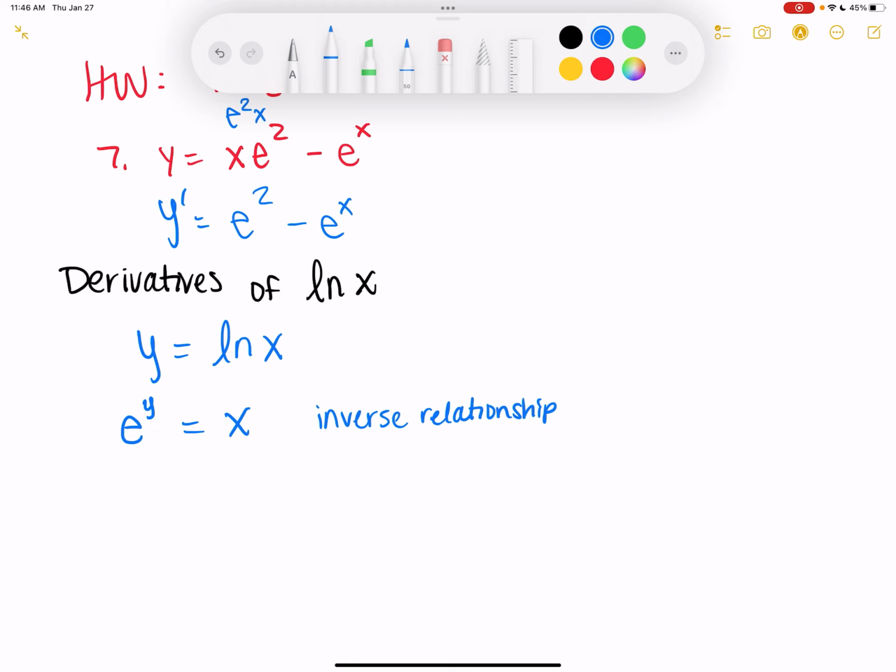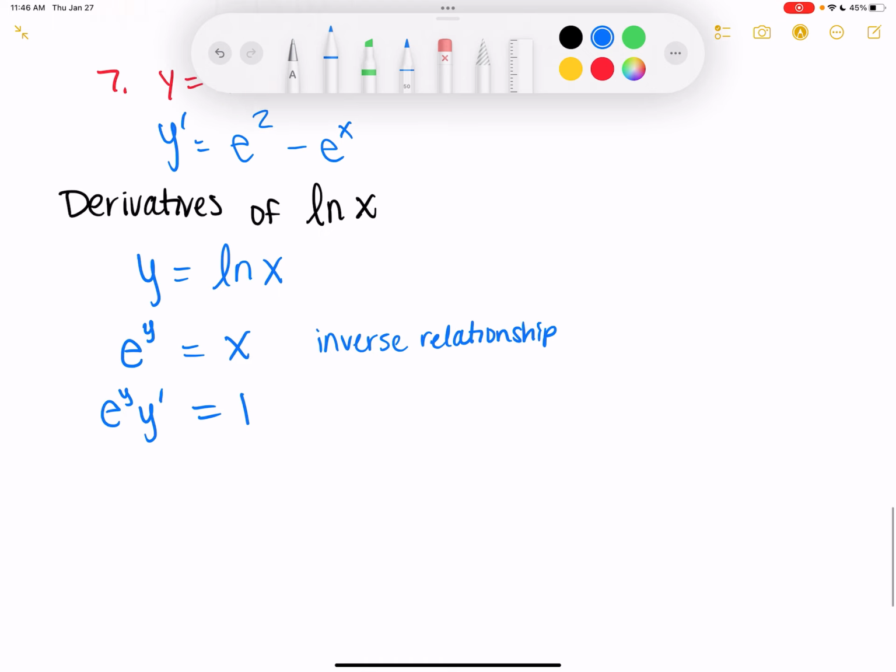We treat the derivative of e to the y like we did e to the x, but because it's implicit, it's going to have that y prime added onto it. So this is e to the y times y prime is equal to the derivative of x, which is just 1. To get y prime by itself, y prime is equal to 1 over e to the y.